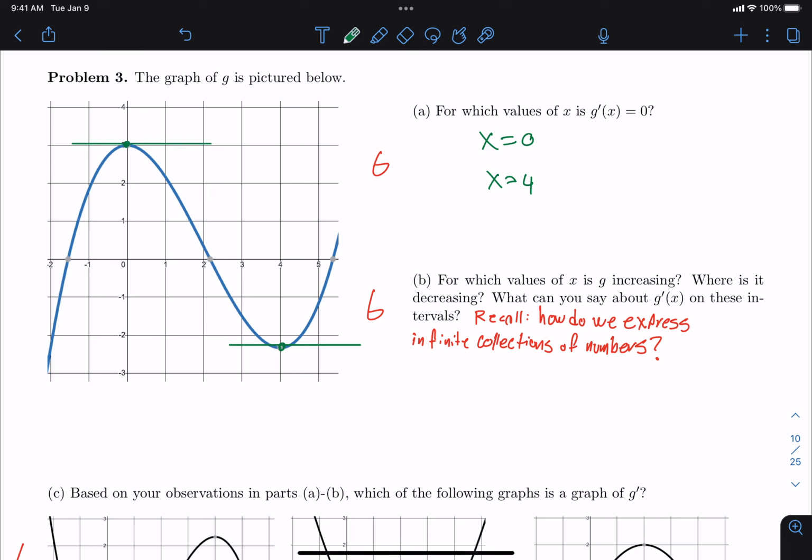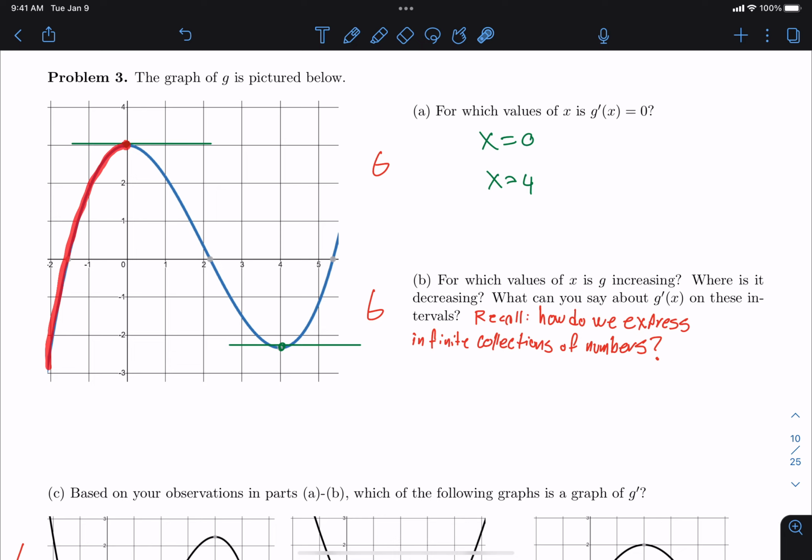Okay? All right, so that's part 1. And part 2 is a little bit tricky, okay? A little bit tricky. We got to use interval notation. Well, we can see that our function's increasing from here up to about here, and then it starts decreasing. But what we want to describe here is the collection of x values associated with this part of the graph.